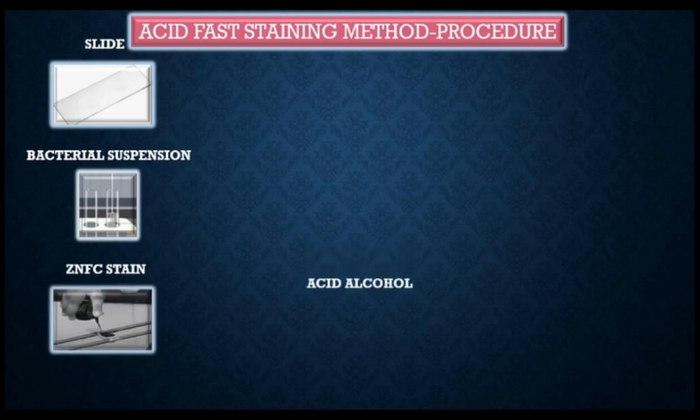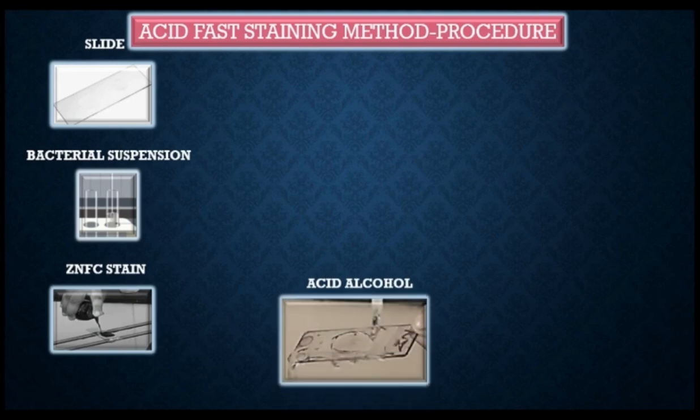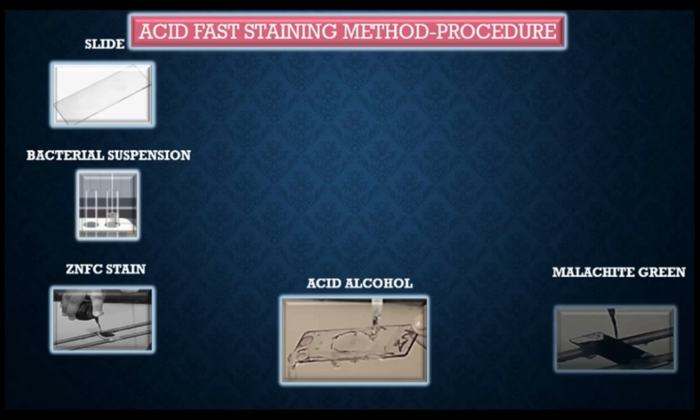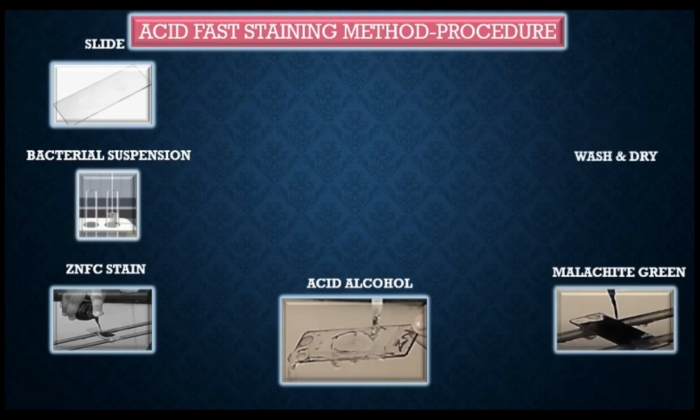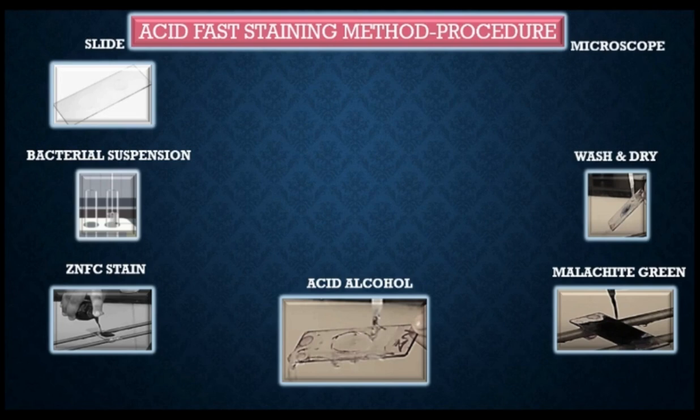After that, wash it, then add acid alcohol. After that, wash it, then add 1% malachite green, then wash it and dry it. Now you can observe it by keeping it under the microscope.